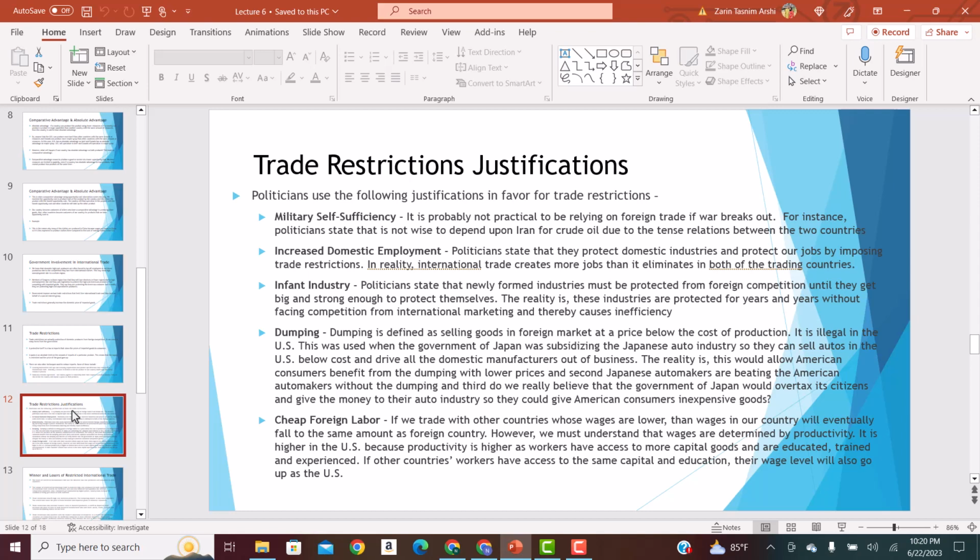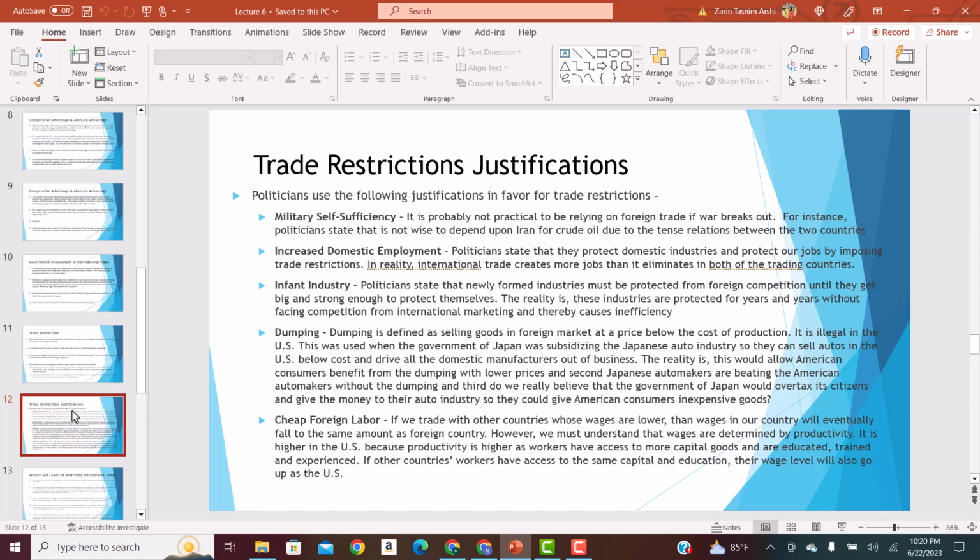So that's one justification. The second justification is increased domestic employment. Again, they're saying they're protecting the domestic industries from foreign competition, so domestic employees are not laid off. But in reality, international trade creates jobs in other industries. Yes, it may eliminate some jobs in inefficient industries, but it is creating more jobs in the transportation and delivery industry. Okay.